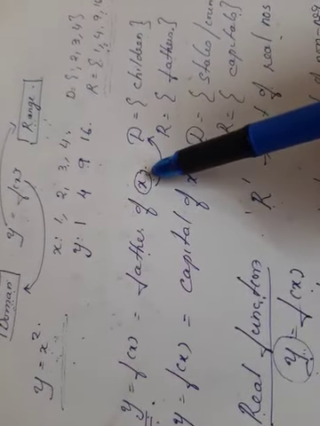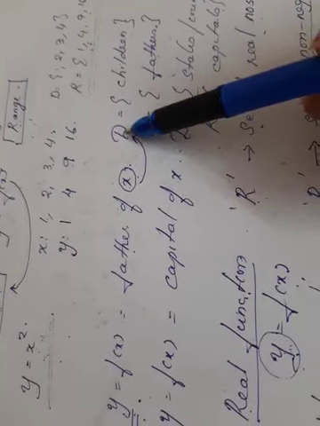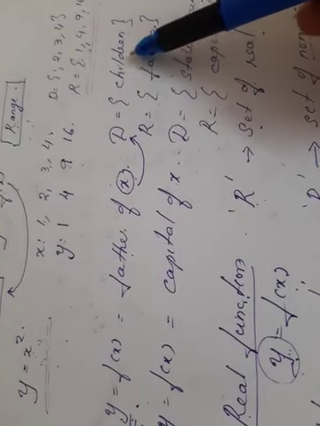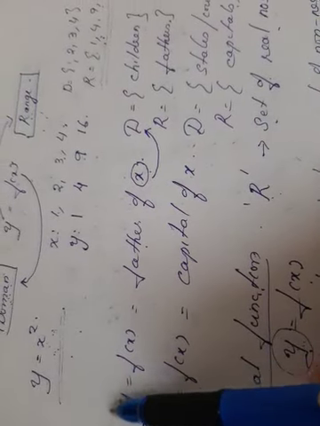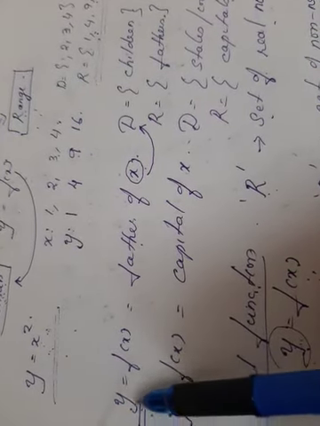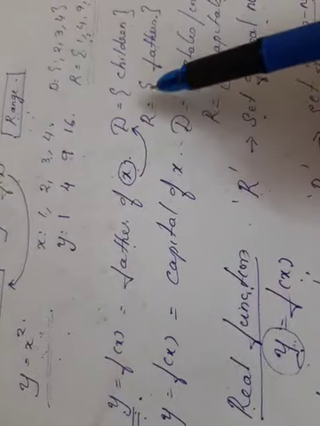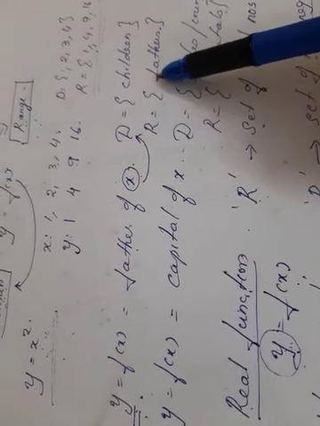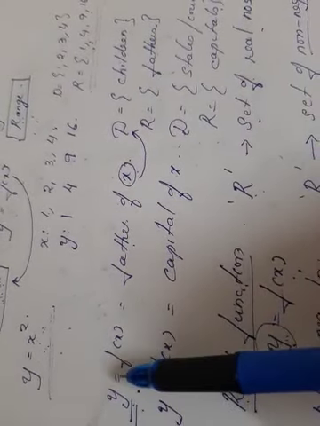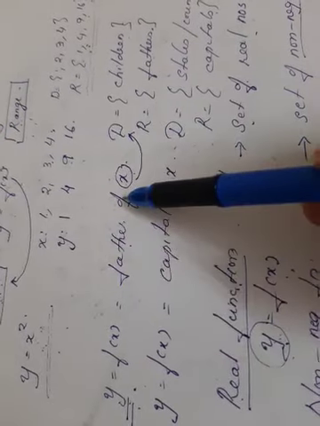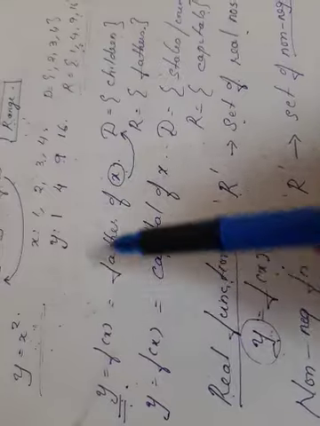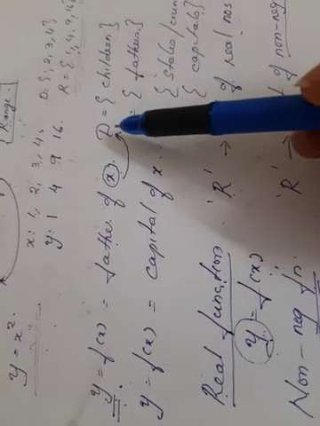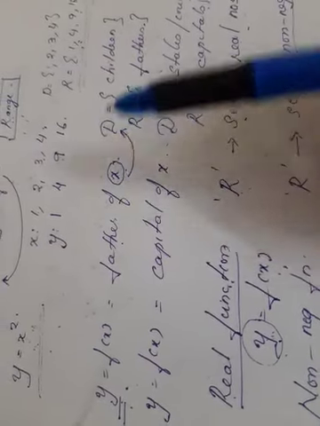So the domain set or the set of values of x will be a set of children, and the corresponding range set, that is the set of values of y, will be a set consisting of their fathers, because here the relation is y is the father of x. So here the range and domain set don't have numbers as their members but something else.